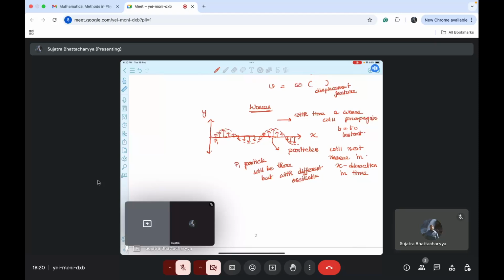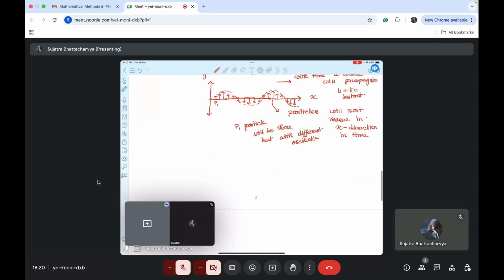What I'm trying to say is that suppose there is P naught, which I have shown. At some time t equal to t naught plus delta t, increasing time, this is x, this is y. This particle P1 may have no oscillation or small oscillation.